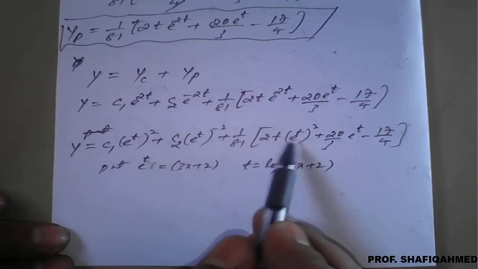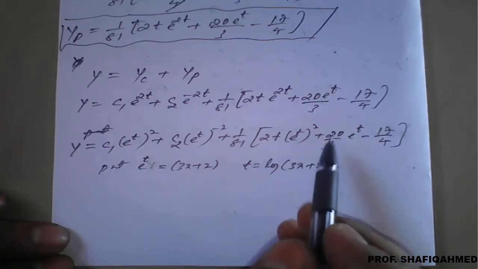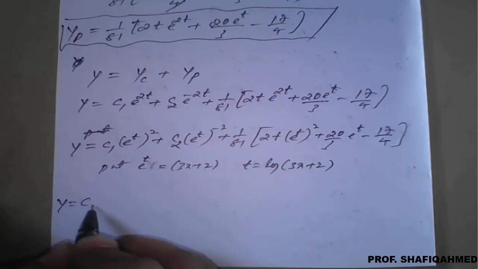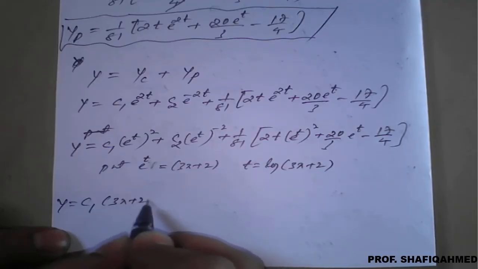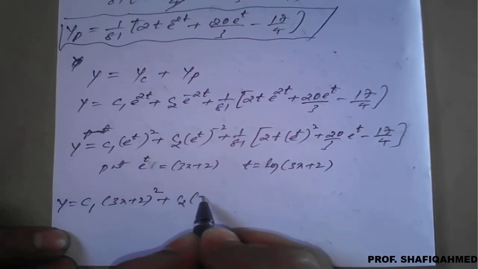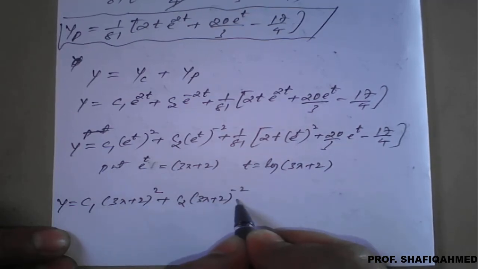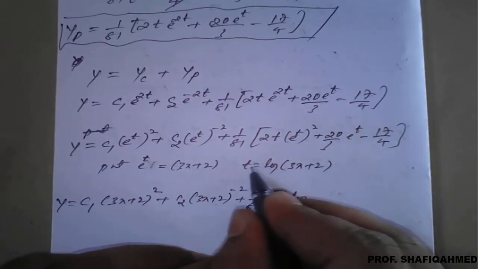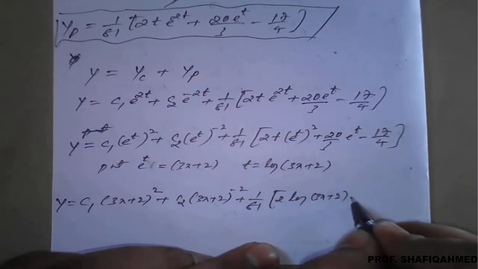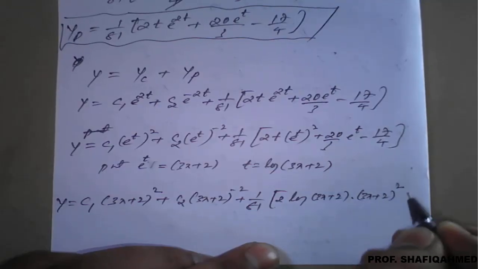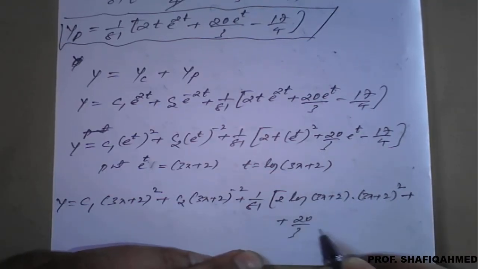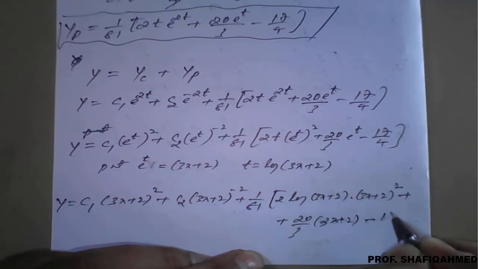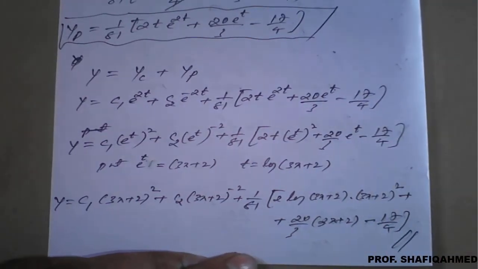Now replace these values and we finally get y is equal to c1 into (3x plus 2) whole square plus c2 into (3x plus 2) raised to minus 2 plus 1 upon 81 of 2 times t, where t is log of 3x plus 2, into (3x plus 2) whole square plus 20 upon 3 into (3x plus 2) minus 17 upon 4. So in this way you have to complete the problem.